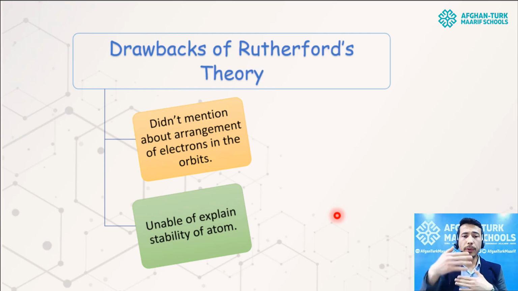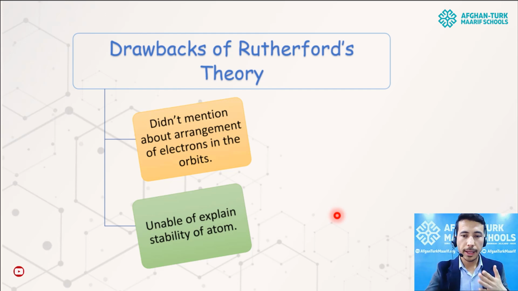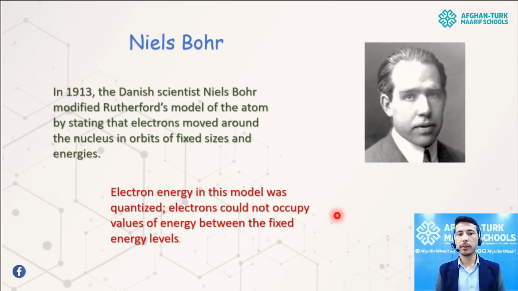To solve this problem, there was another scientist in 1913 who came and said something. What did he say? Let's check. Yes, he was Niels Bohr. In 1913, he modified Rutherford's atomic model, and he said that electrons are revolving around the nucleus in fixed orbits with fixed energies.